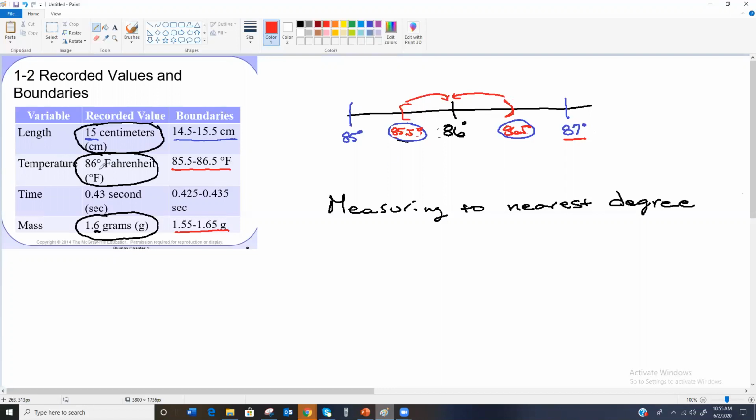You'll notice that whatever is reported, the boundaries go one more decimal. So if it's reported to the nearest whole number, the boundaries are going to be to the tenth. If it's to the nearest tenth, the boundaries are going to be to the hundredth. So now the most difficult one here, because this one is actually being recorded to the nearest what?